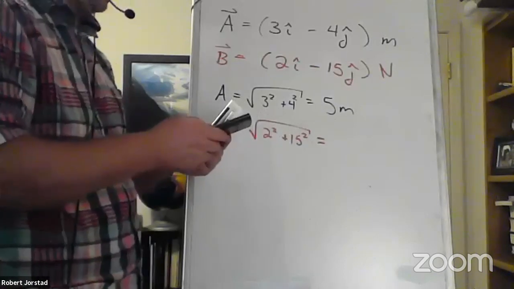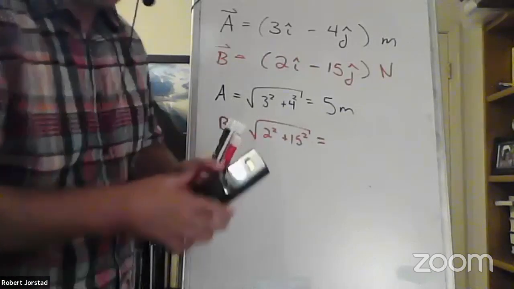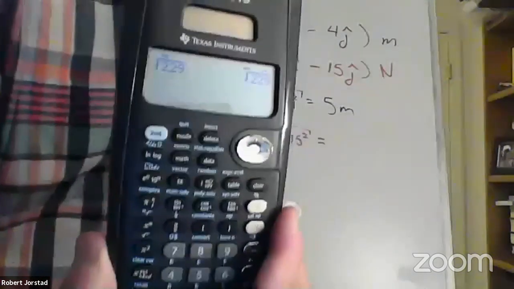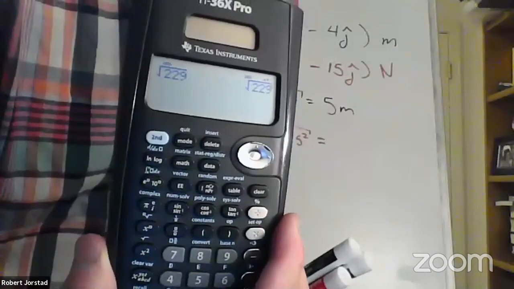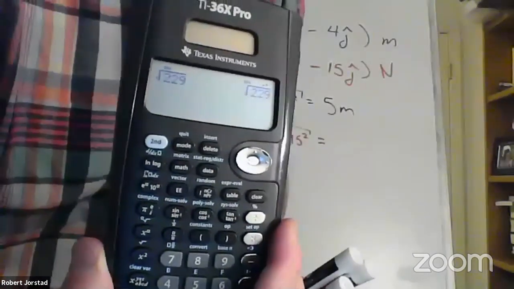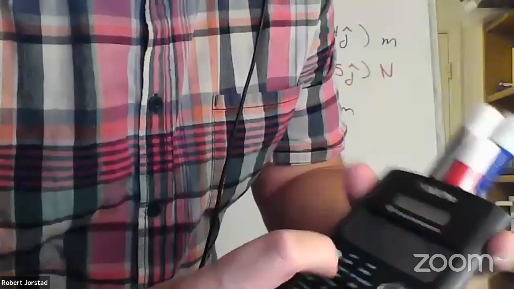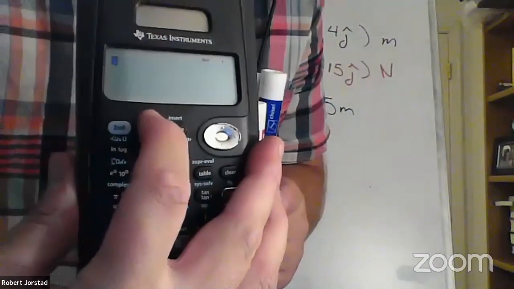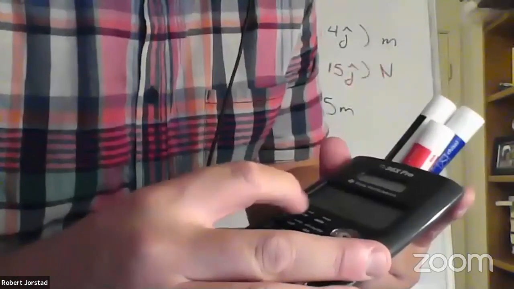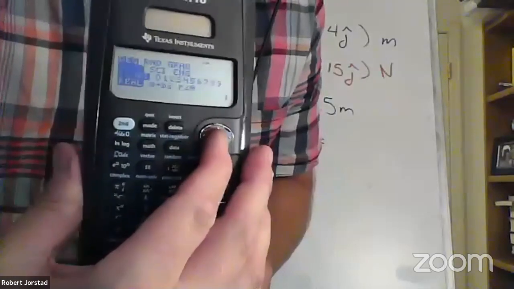Oh, come on, calculator. Give me math print mode. You might encounter this too. A lot of students see this, and it's about worthless to an engineer, right? What does the square root of 229 even mean? So what you can do is hit the mode button and scroll down.